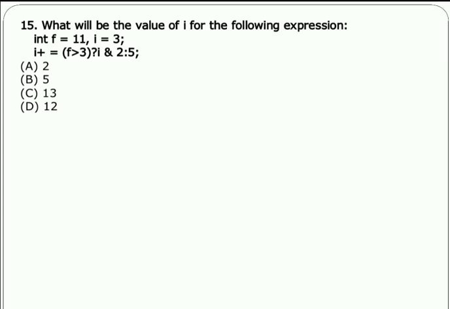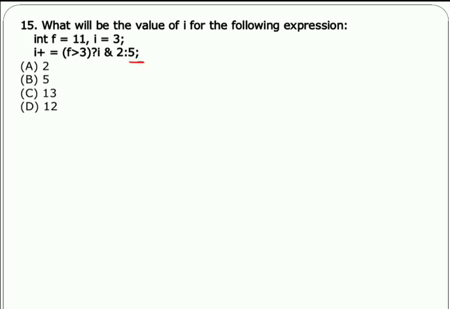That is, if f value is greater than 3, if it is true, then the i & 2 will follow, and if f greater than 3 is false, then 5 will follow.